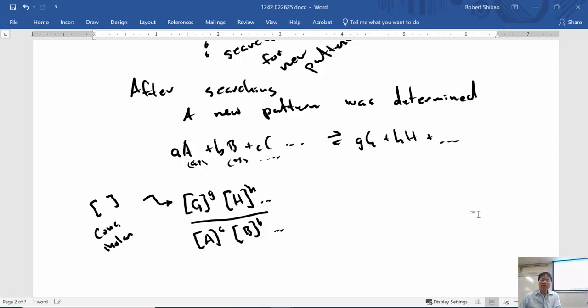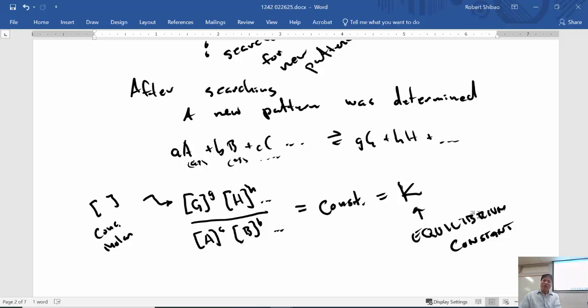So rather than using the amounts in moles, they use the concentration in molarity. And from this, they got this to be a constant, which we call K. K is the equilibrium constant. And this would be the equilibrium law here.